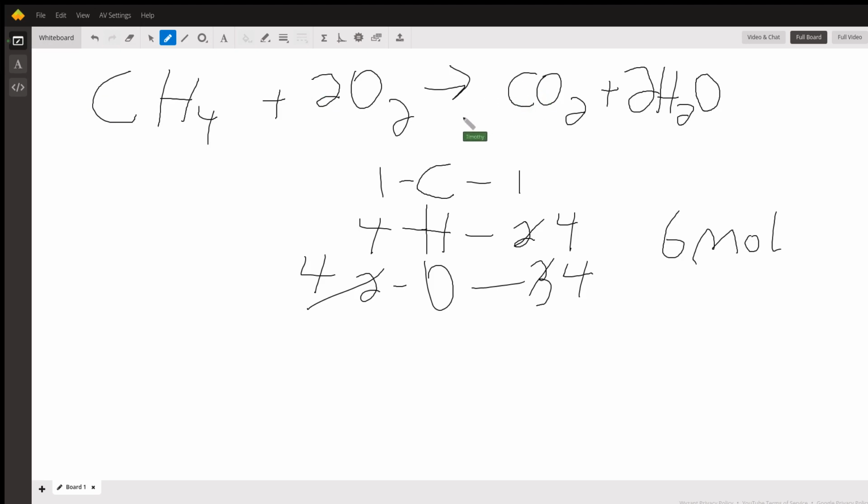So if I produce 6 moles of that, I multiply this entire reaction by 6 because it's going to happen 6 times. And then for oxygen, you do 6 times 2, and that's 12. So 12 moles of oxygen were used in this reaction to produce 6 moles of CO2.